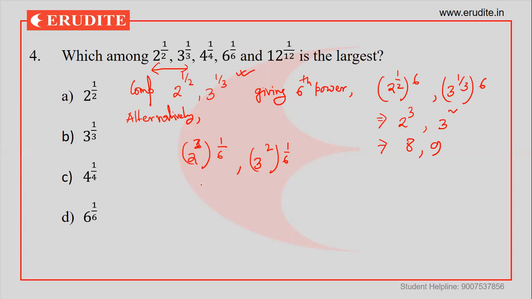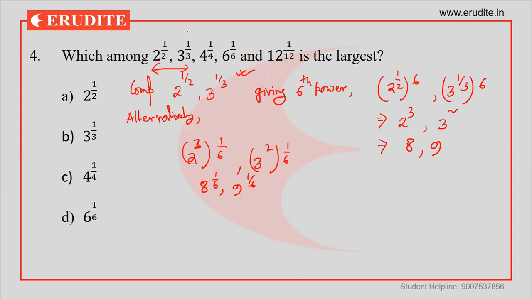So it is actually 8 to the power 1 by 6 and 9 to the power 1 by 6. Both are positive and the power is the same, so definitely 9 to the power 1 by 6 is higher. In this way, I can compare these two.